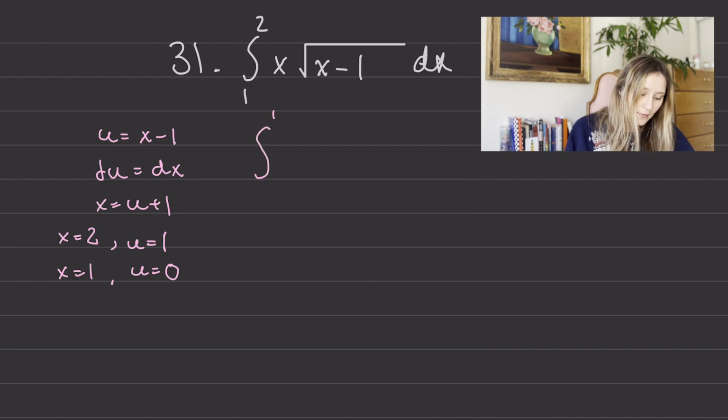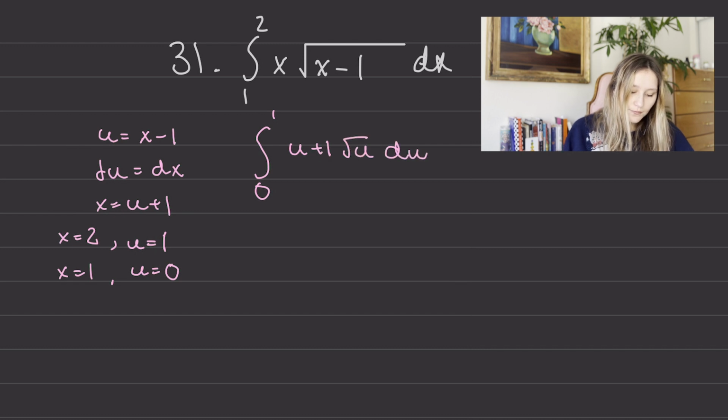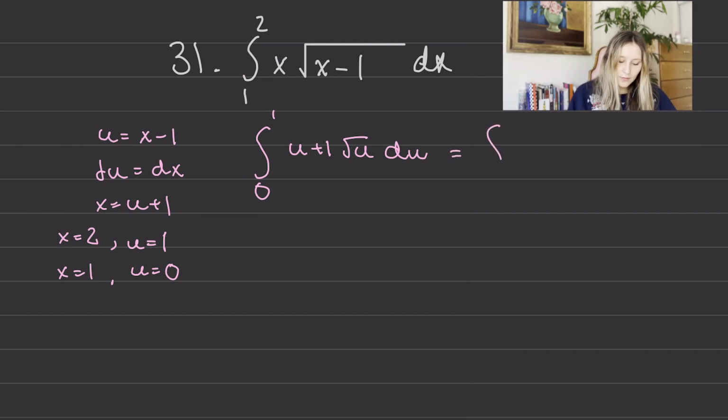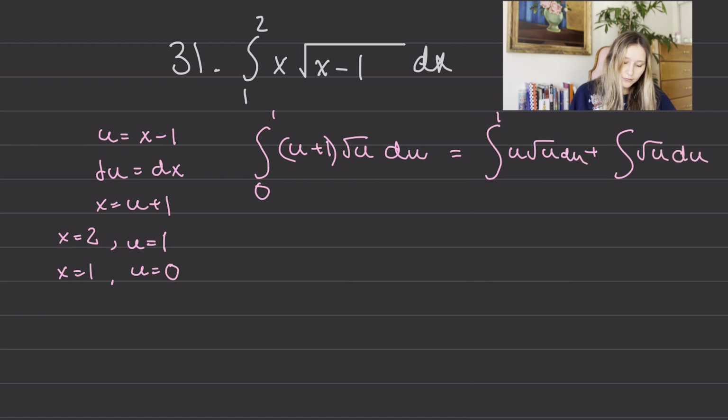Plugging all that in, distributing, and we get two separate integrals that are probably a little bit easier to do than this one. So let's do this one first in yellow.